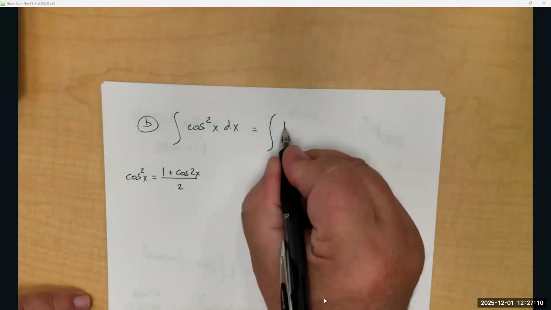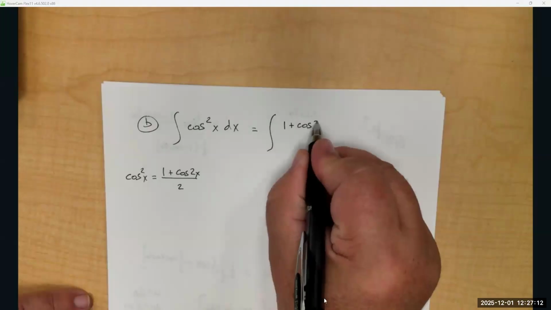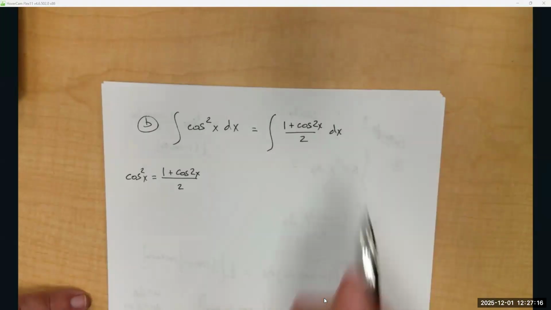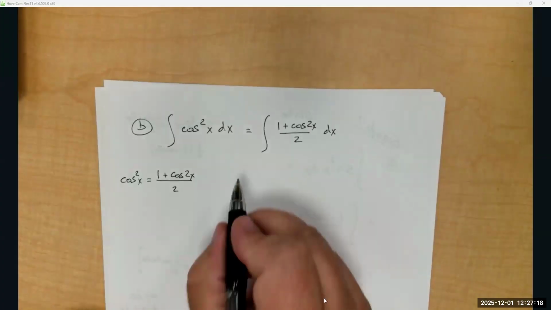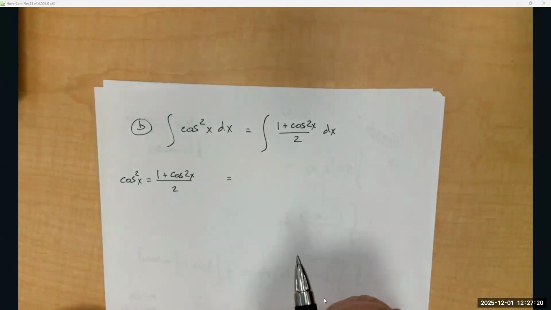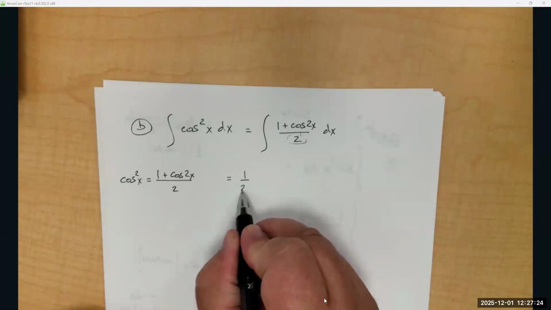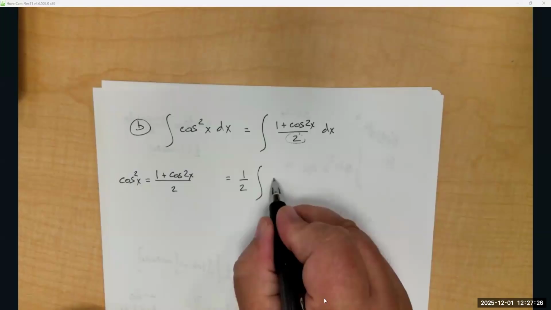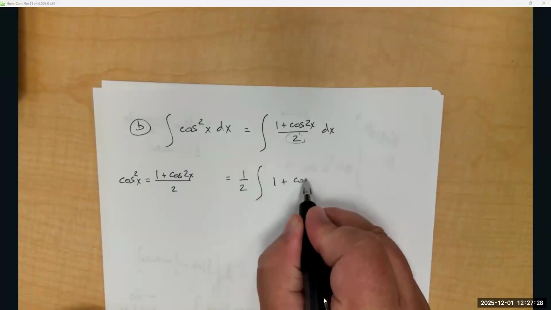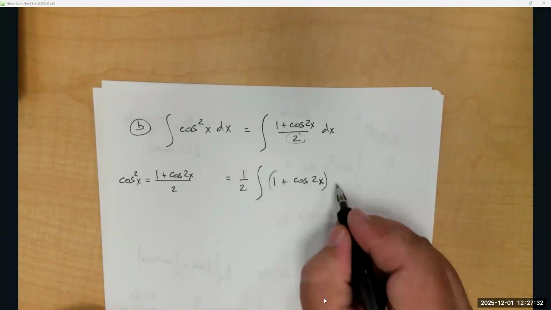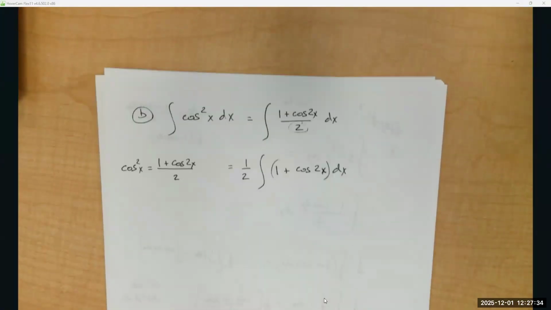So we have 1 plus cosine 2x over 2 dx. The denominator is a constant multiple, so we'll just factor it out. So 1 plus cosine 2x dx.